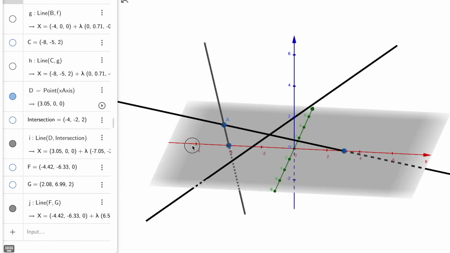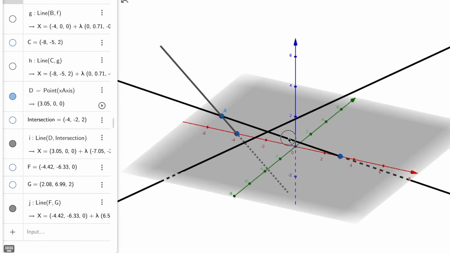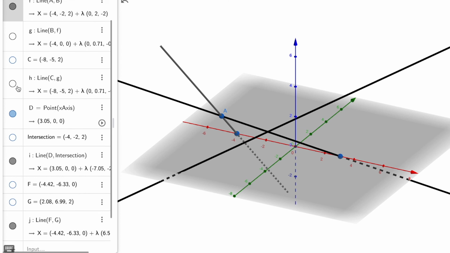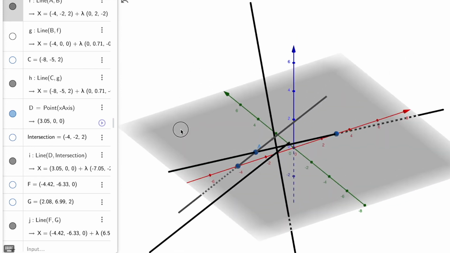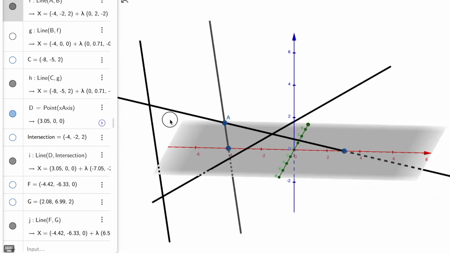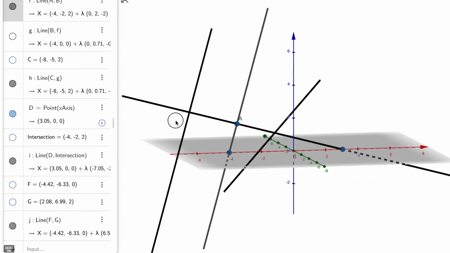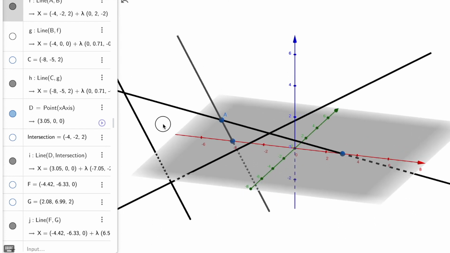Between this line and this line, you can have them intersecting at a certain point. If I bring my previous line back, we can have them parallel, facing the same direction, having the same direction vector. And finally, the new thing we have learned, skew, where it's not parallel, but it doesn't intersect.